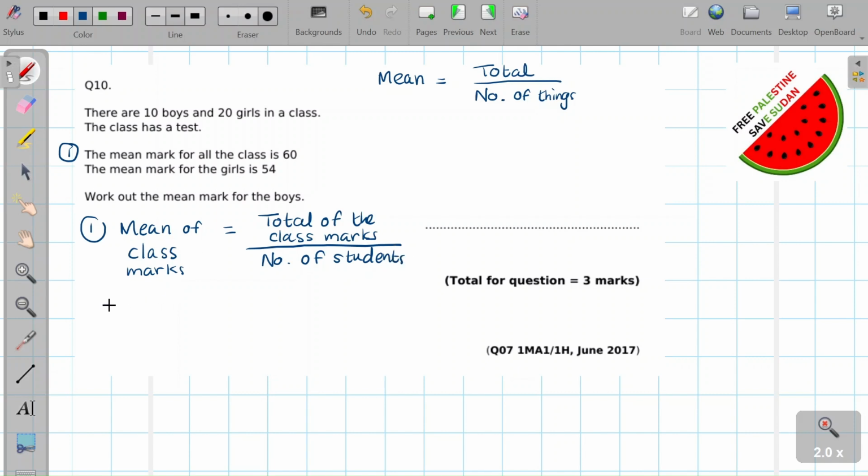So the mean was 60 because it mentions that over here, and the total we do not know. And the number of students in the class, 10 boys, 20 girls, that makes 30 students. So to get the total, multiply both sides by 30.